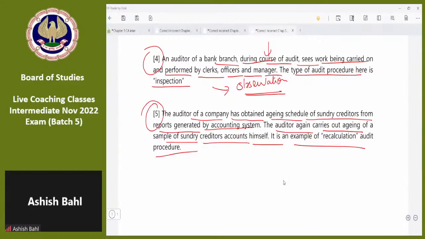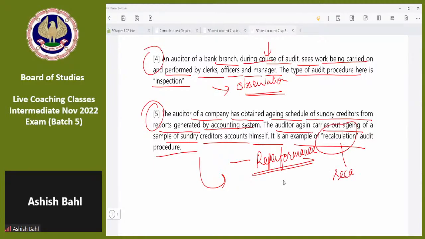Yes, Janvi, Ayush, Sheral, Sudhanshu, Hitesh, all of you have written correctly. Good guys. It is re-performance. It is not recalculation. He is not making only some sort of recalculation.